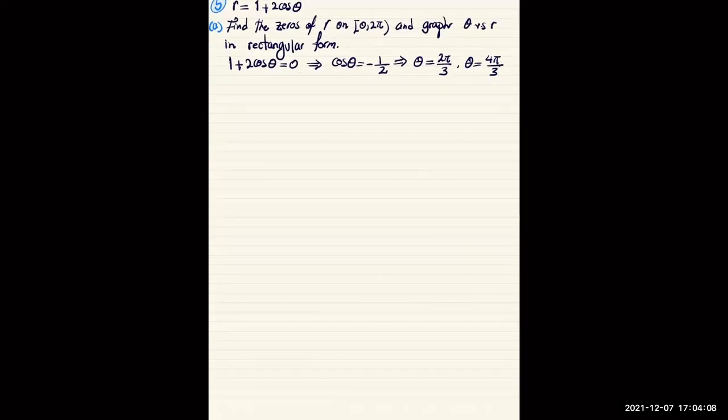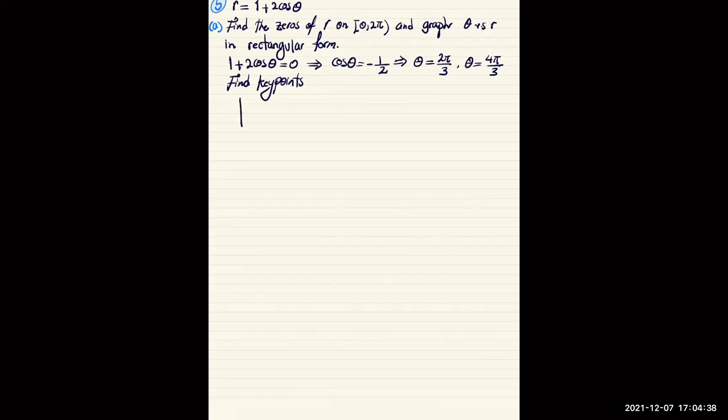Again, what you want to do to graph it is find the key points. The key points are the locations of maxes and mins. We have the zeros, and we can also find the maximums and minimums.